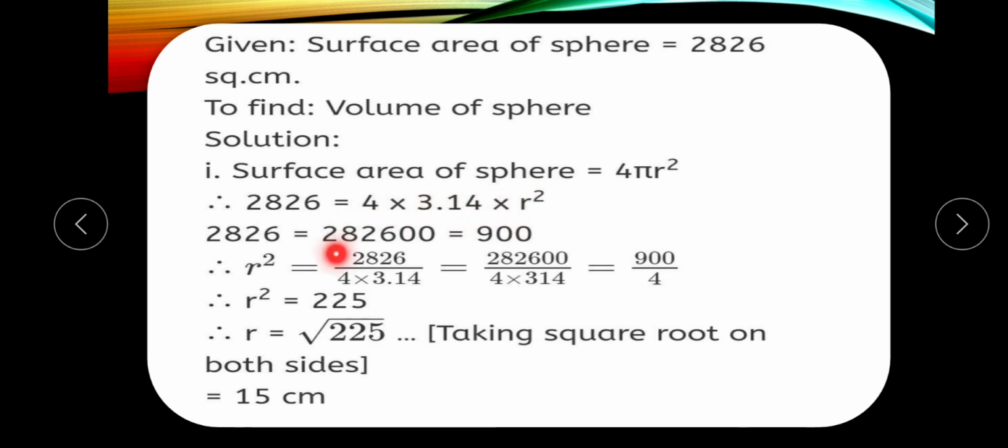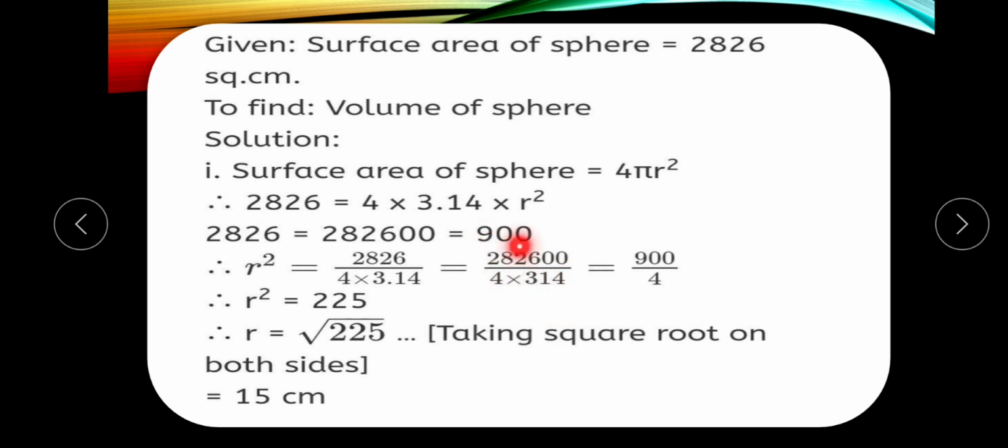Therefore, r square is equal to 2826 upon 4 into 3.14. Multiplying in the numerator and denominator by 100, we get 2,82,600 upon 4 into 314.